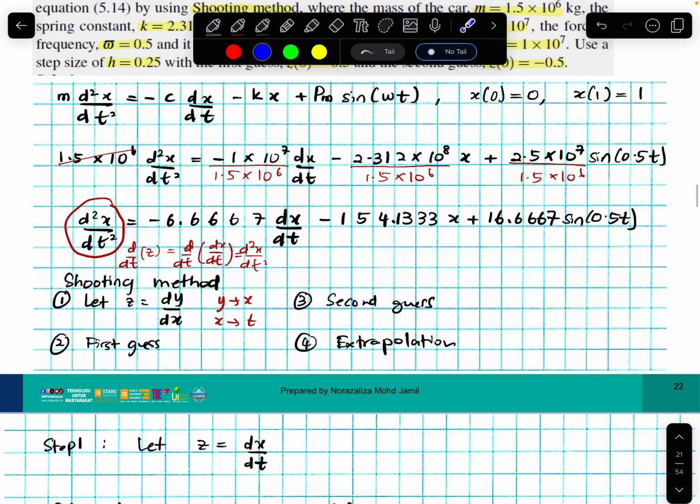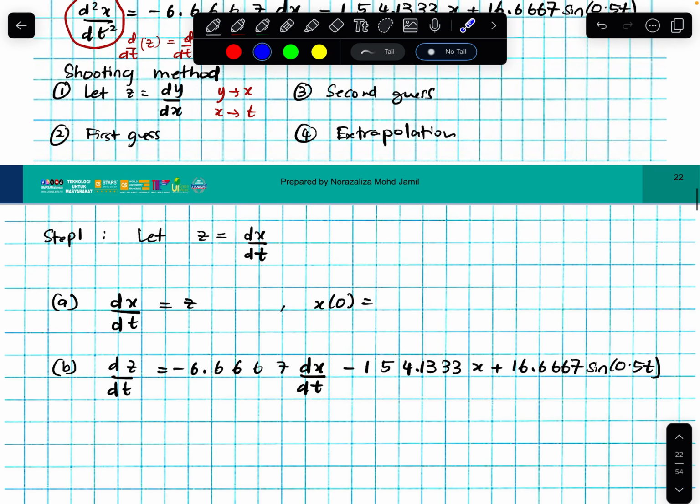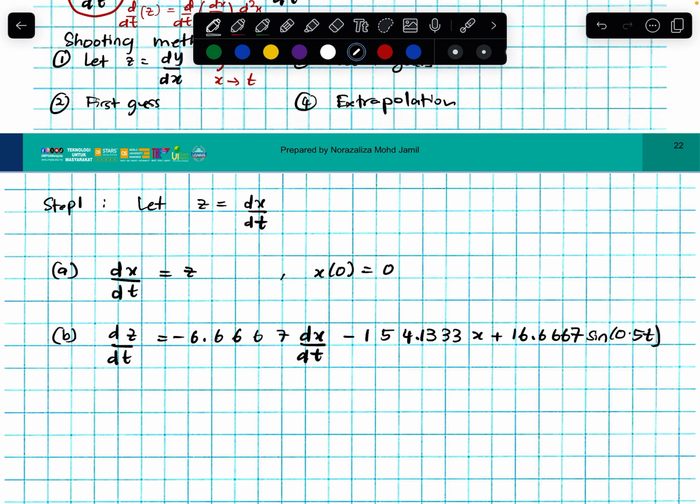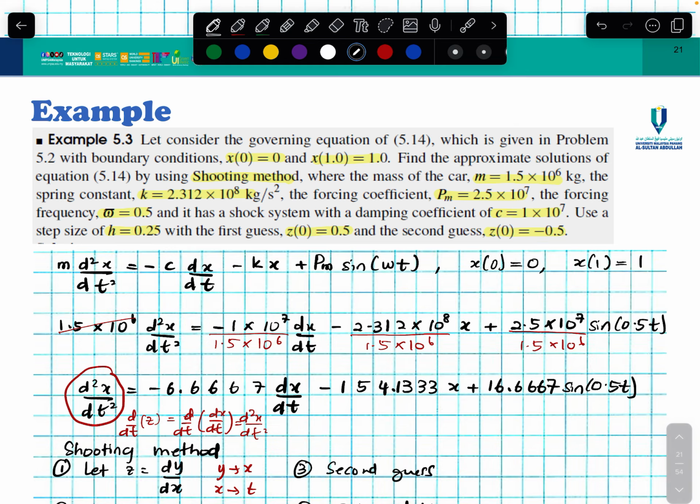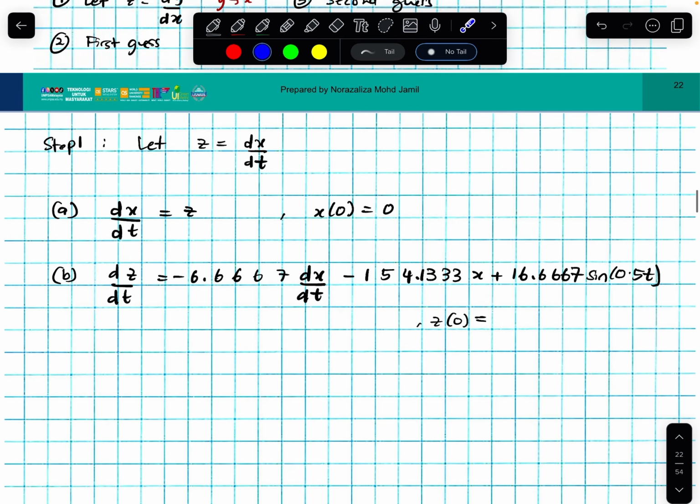You are given x(0) equal to 0, so we just take it from the information. Now for the second equation, you have to give the first value of z(0). You don't need to guess because the guess is already given. With the first guess, z(0) equal to 0.5. So this is your first guess. Okay, so this is step number 1.